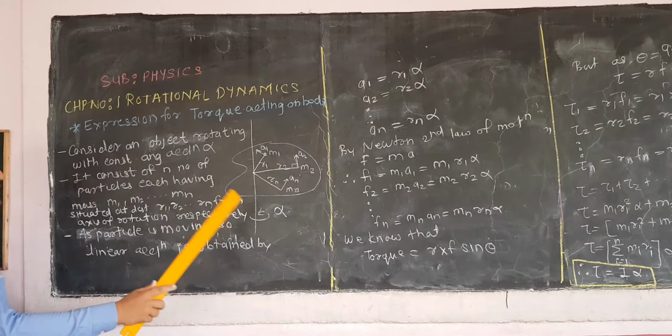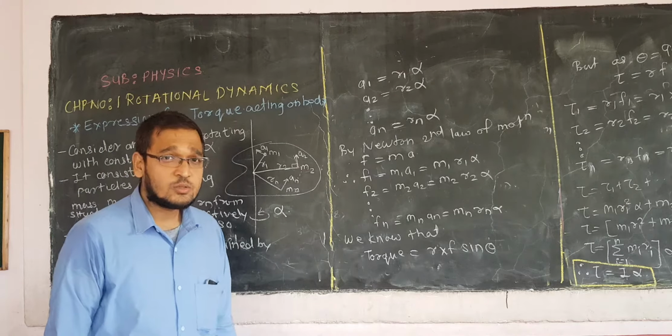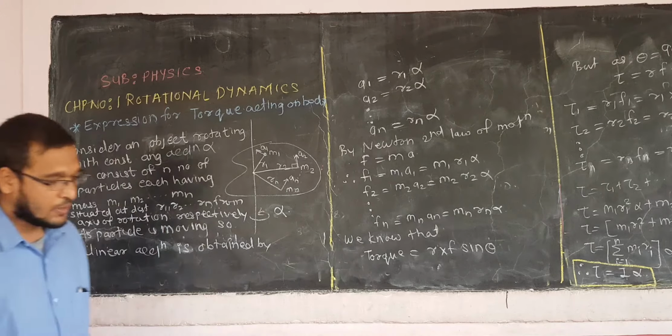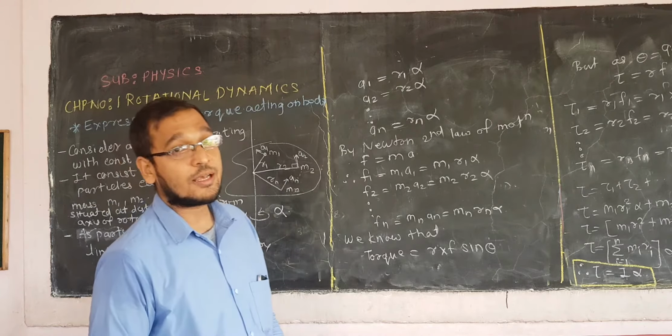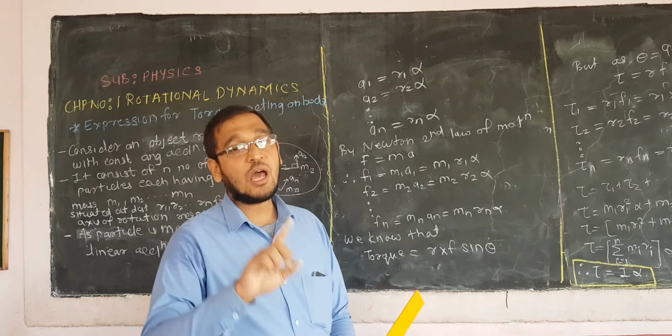Now as the body is moving with constant angular acceleration, we have to derive linear acceleration, and we have the formula for it. Linear acceleration a is nothing but r alpha.